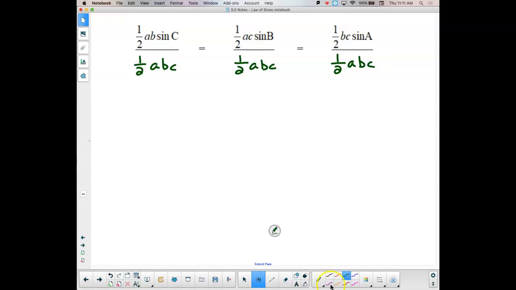Now when I do that, the 1/2s cancel out all the way through.